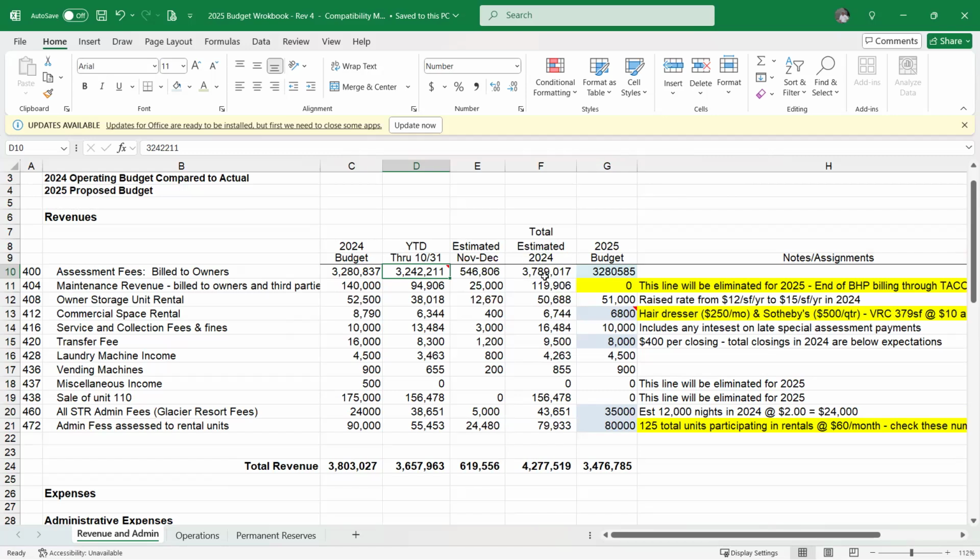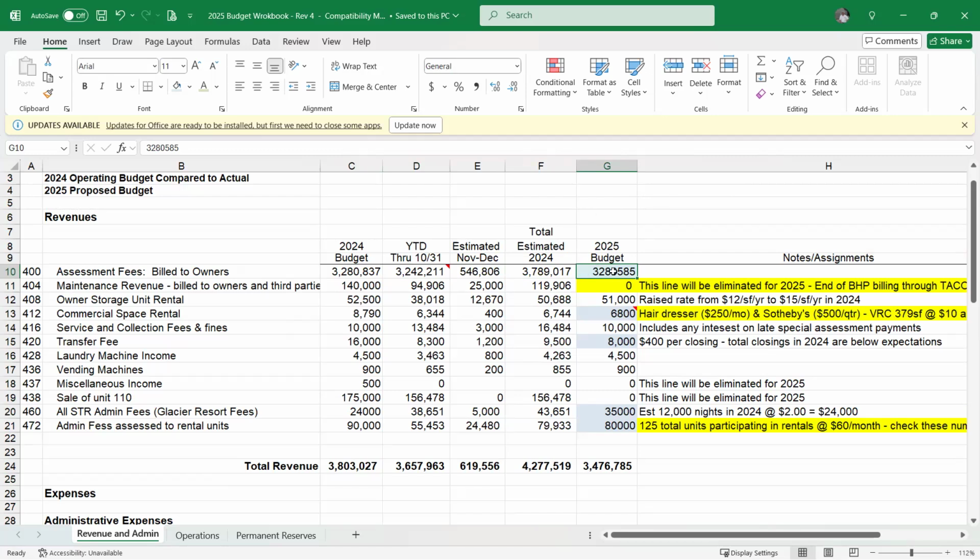So here you can see the estimated total for 2024 for revenues, assessments, that is. And then I just plugged in the same amount for 2025. Don't ask me why there's a few dollars difference, but it makes no difference.